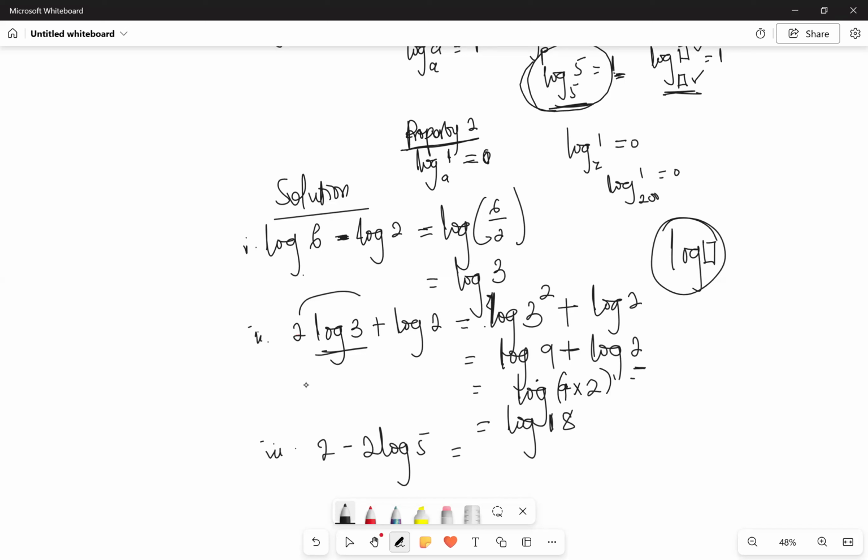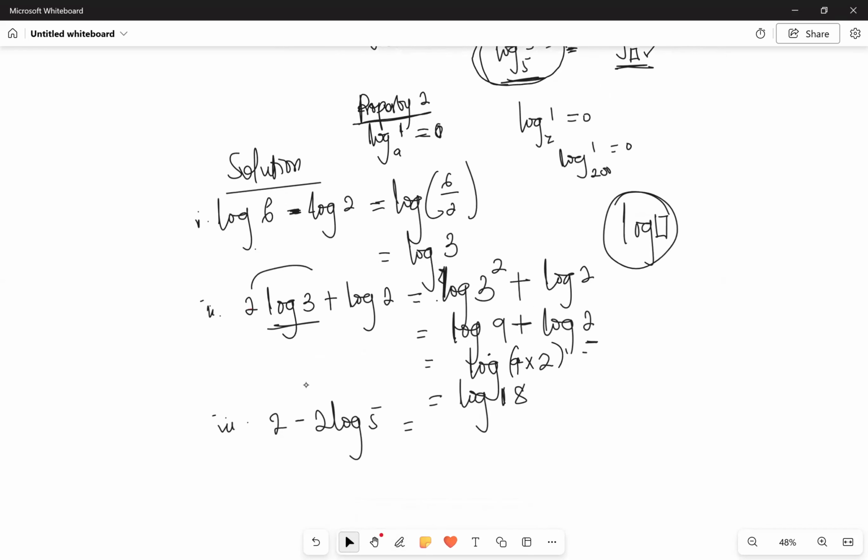So what we're doing right now is getting used to the laws and the properties, okay? And in exam, of course, they will ask you general questions that sort to analyze how you think around the laws and the properties, if you're good enough. So 2 minus 2 log 5.